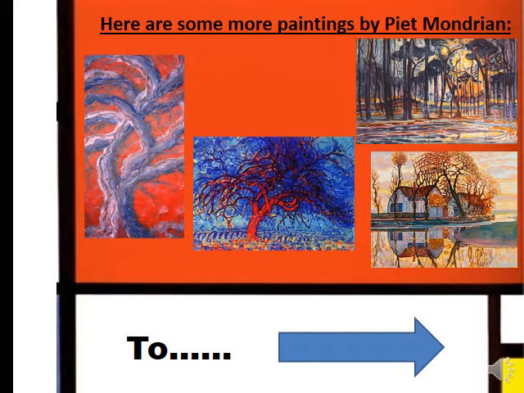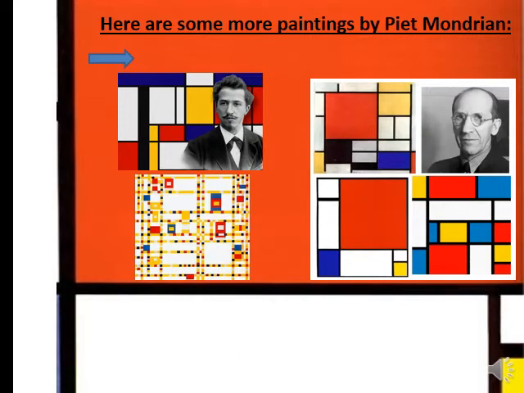Here are some more paintings by Piet Mondrian. These are four paintings by Piet Mondrian. He decided to stop drawing trees or houses, all related to nature. He changed the way he painted from nature to paintings where color and line work together.